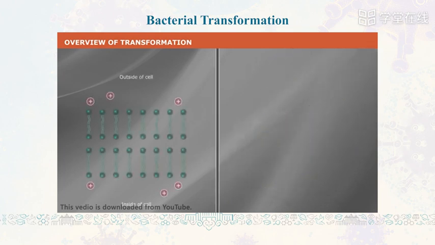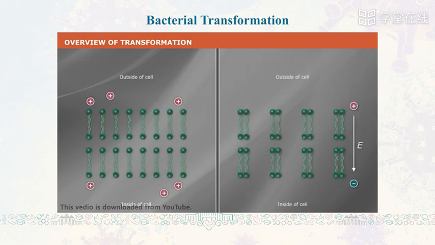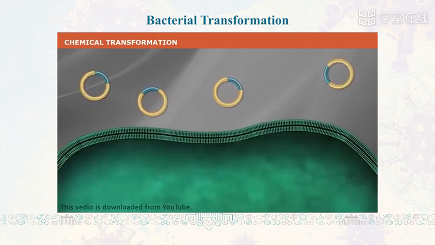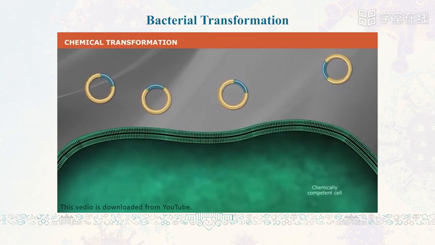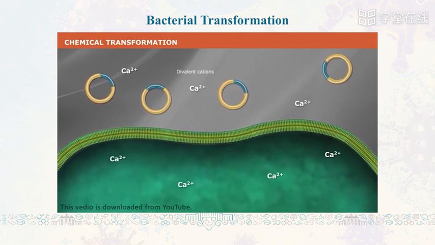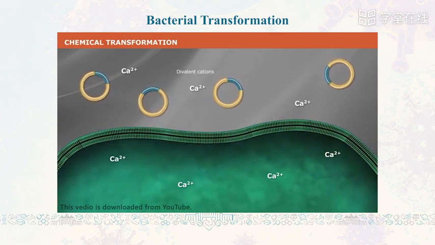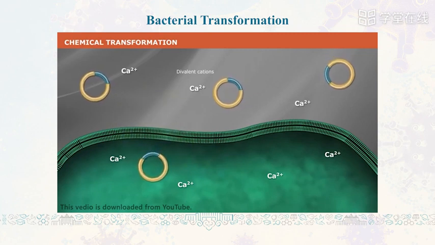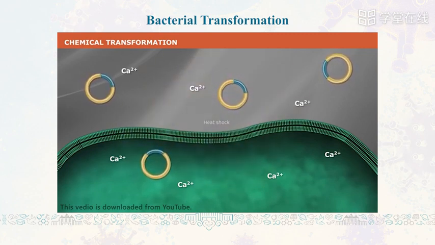There are two primary methods of artificial transformation used in the laboratory: chemical transformation and electroporation. It is thought that chemical transformation, which requires chemically competent cells, uses divalent cations to increase the permeability of the bacterium's cell wall, thereby increasing the likelihood of DNA acquisition. Many common protocols include a heat shock step to improve DNA uptake.